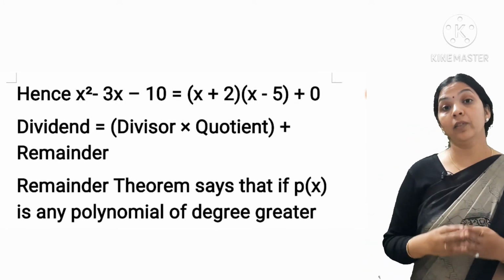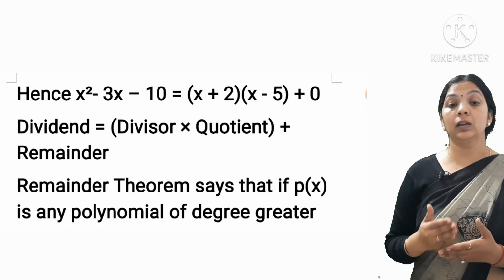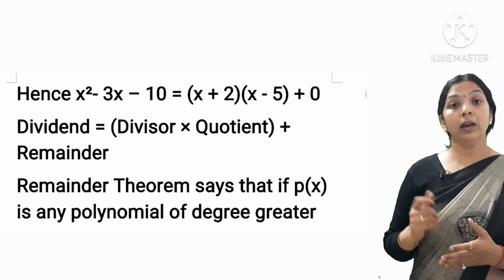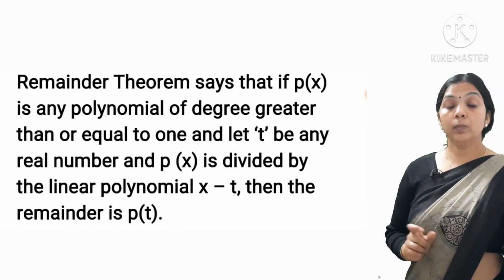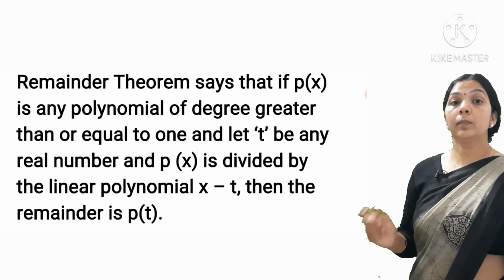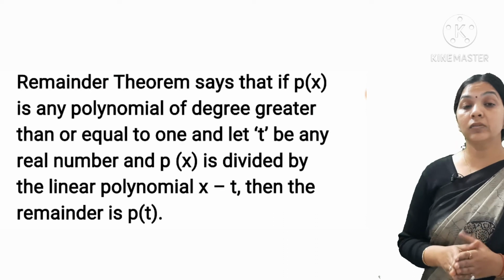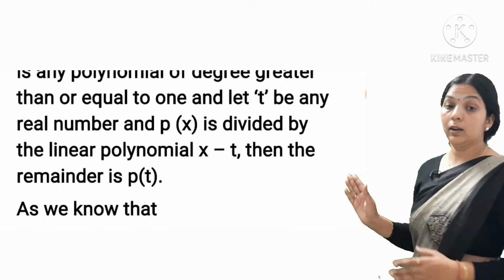It says that if p(x) is any polynomial of degree greater than or equal to 1, and let t be any real number, and p(x) is divided by the linear polynomial x minus t, then the remainder is p(t). That is the remainder theorem. As we know that p(x) is equal to g(x) into q(x) plus r(x).